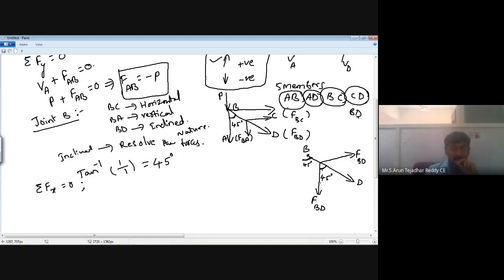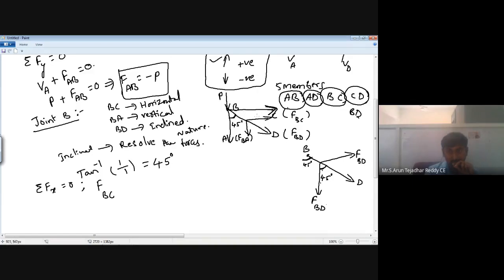See, in this problem, first calculate summation of horizontal forces is equal to 0. In this figure, first find what horizontal forces are acting. It means B to C, one horizontal force is acting, that is FBC.